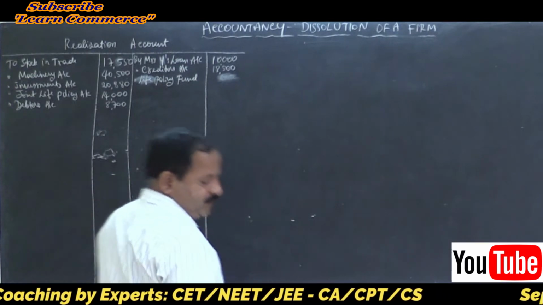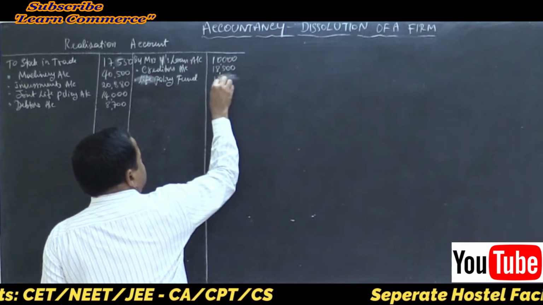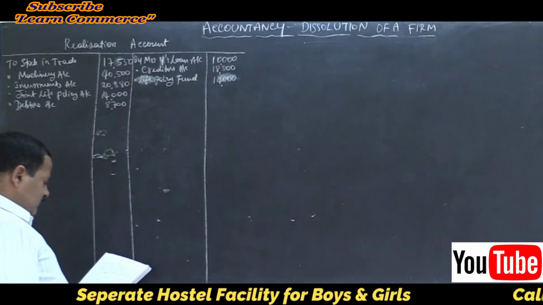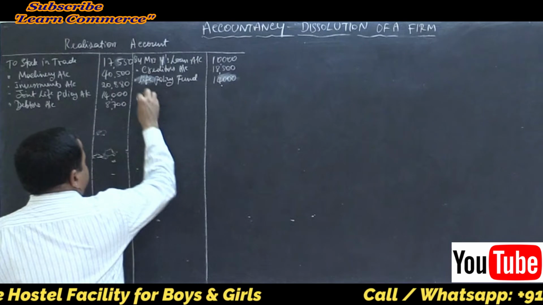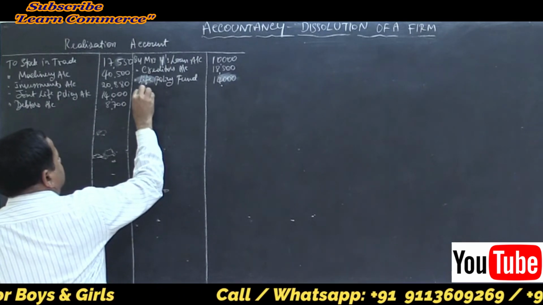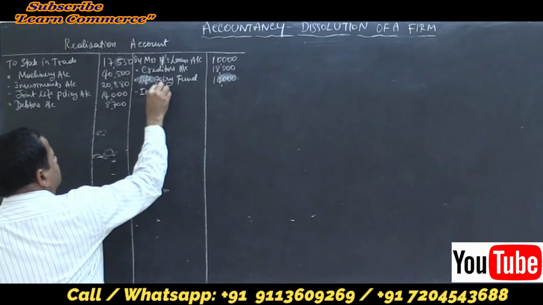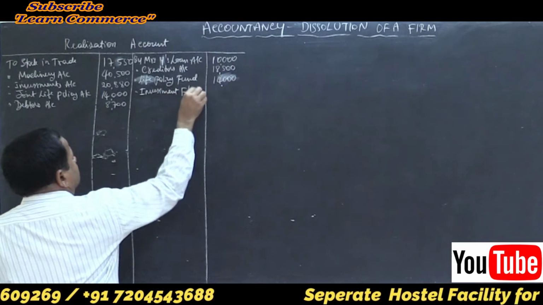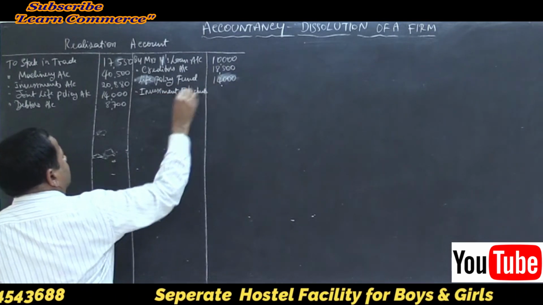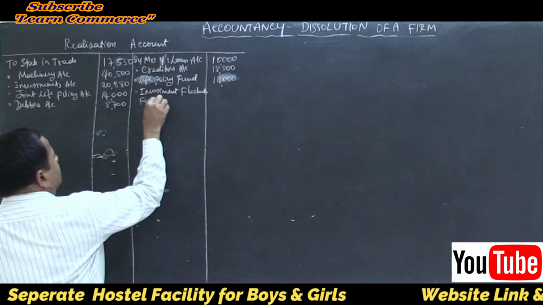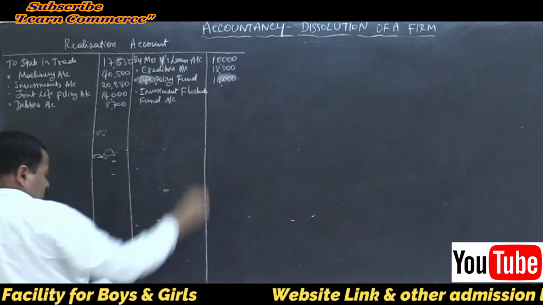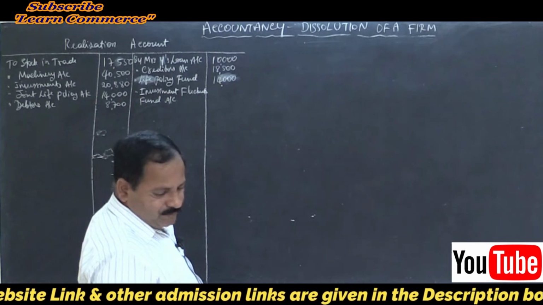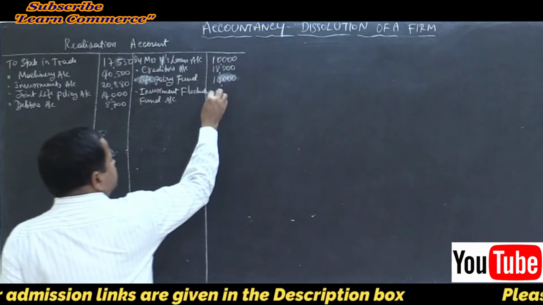Refer to the liabilities side. 14,000. Yes, it is. Then investment fluctuation fund. How much is it? 6,000. Refer to the liabilities side. 6,000.